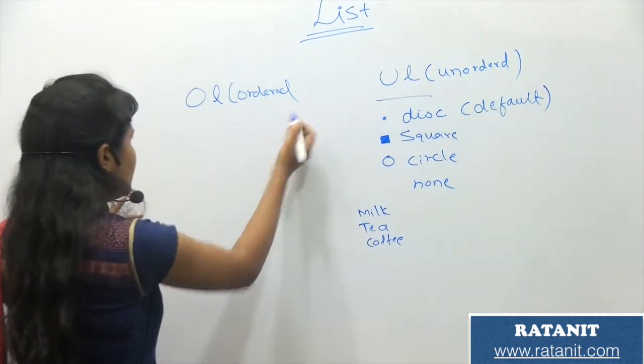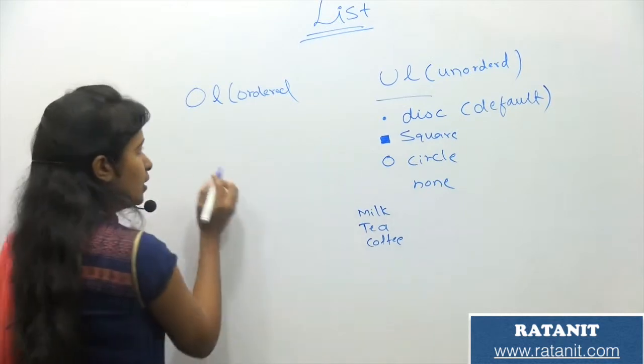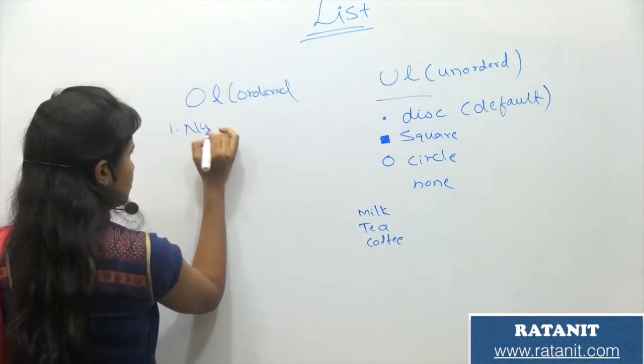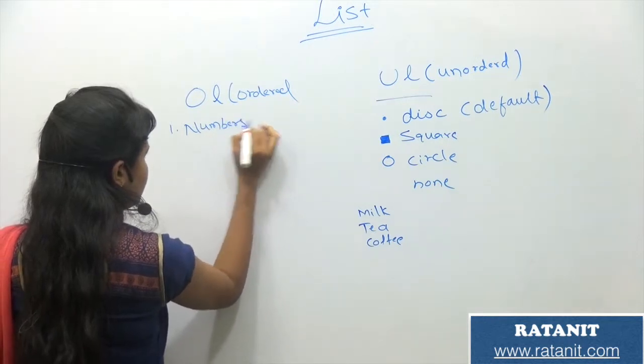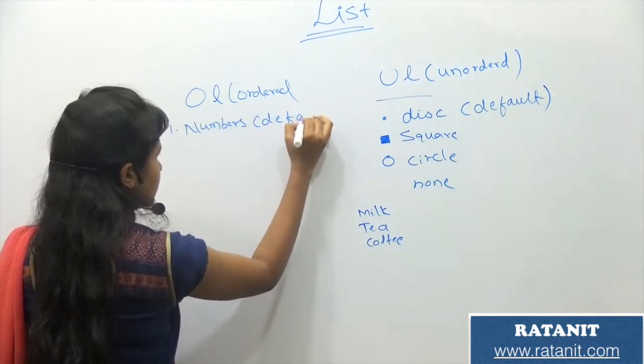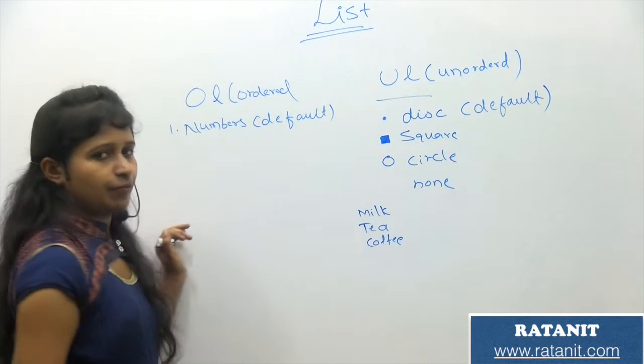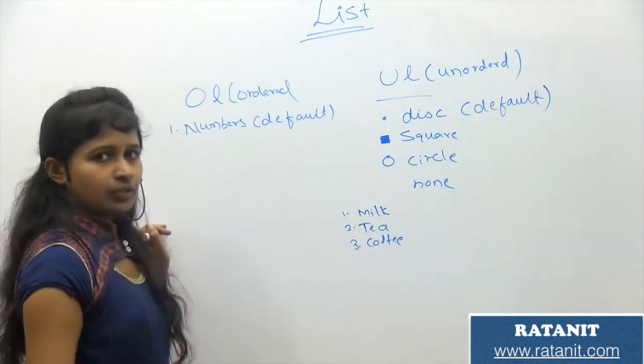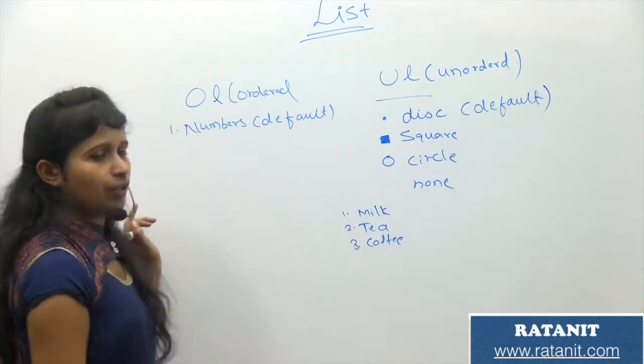Coming to the ordered list, numbers. Default is numbers, that means 1, 2, 3. Here there are 5 types of ordered list.